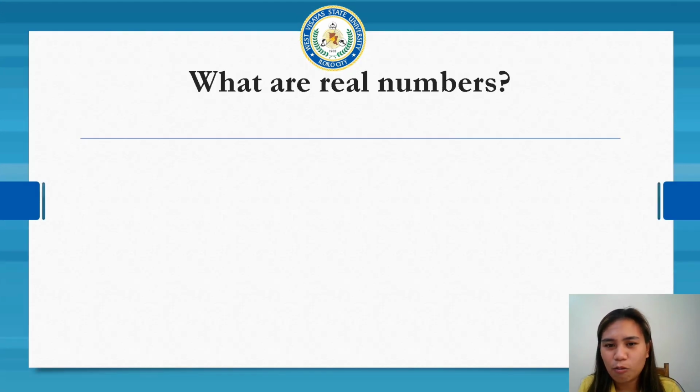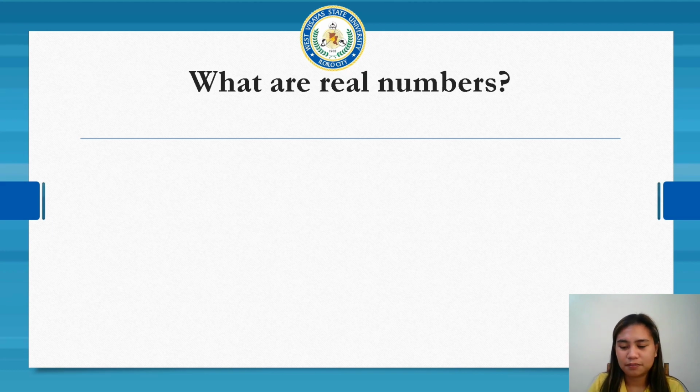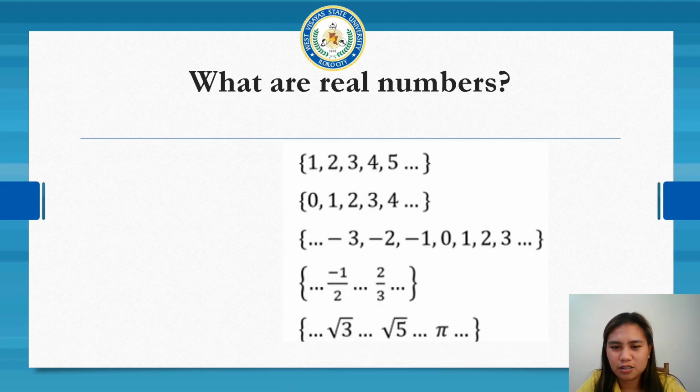Question: what are real numbers? If we want to describe what real numbers are, we can try to see examples of different kinds of numbers. The first line, 1, 2, 3, 4, 5, refers to examples of natural numbers or counting numbers.